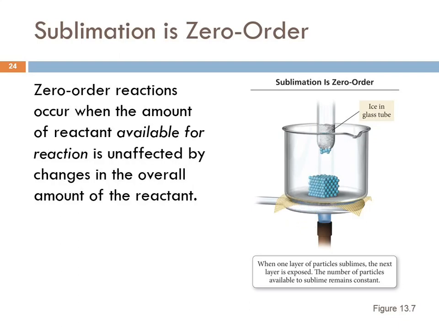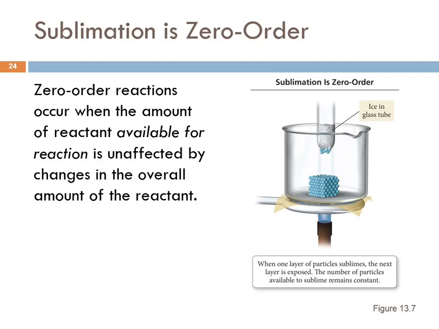Remember, sublimation is going directly from the solid to the gas. The only particles that can sublime are the ones on the edges, right? And as one layer sublimes and goes off into the gas state, what's underneath? Another layer. Does the concentration really change? No, it's not really changing.